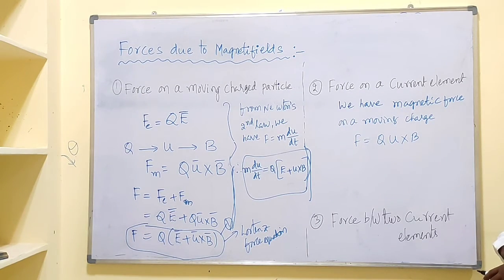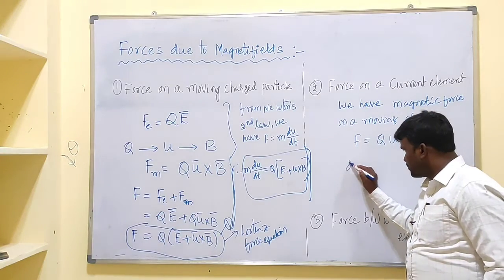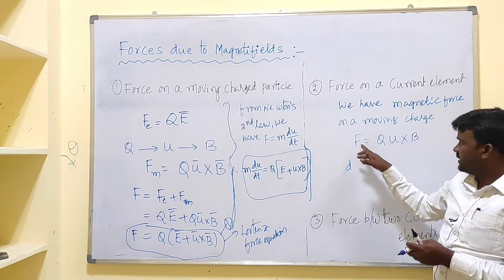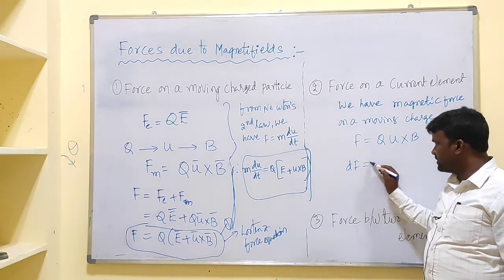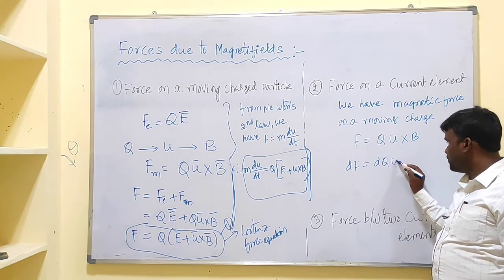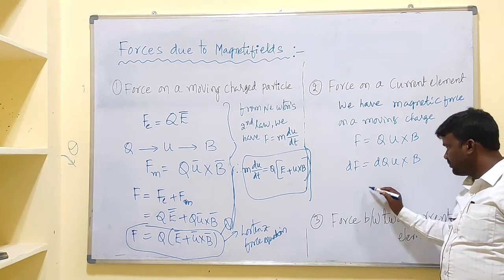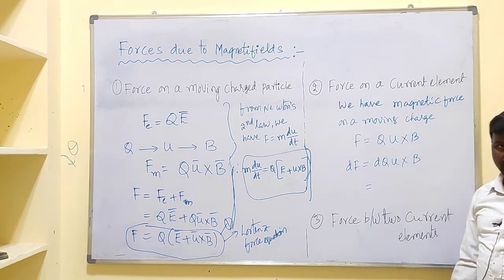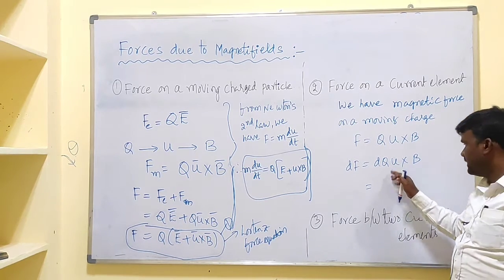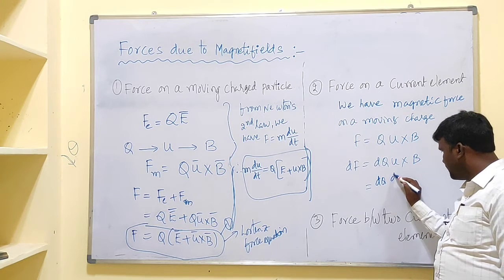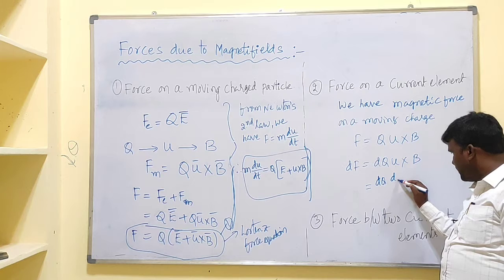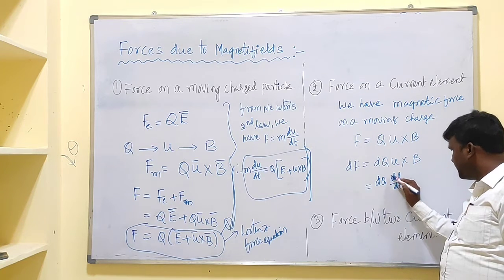If I apply differentiation on both sides, the differential force due to the differential charge is given by dq into U cross B. Velocity can be defined as distance per unit time, so U can be written as dl by dt.